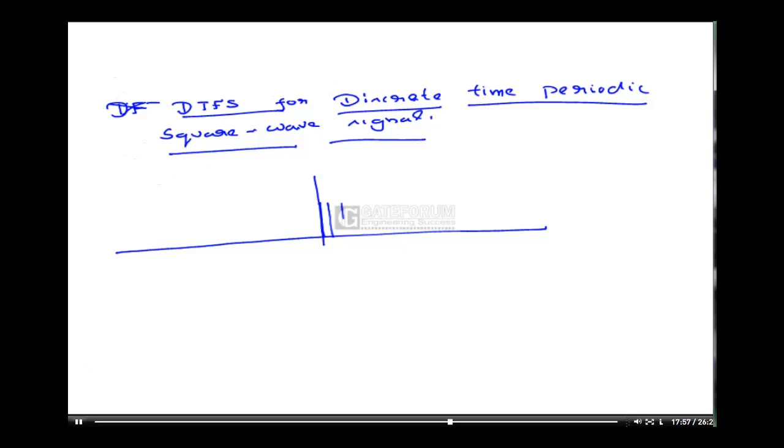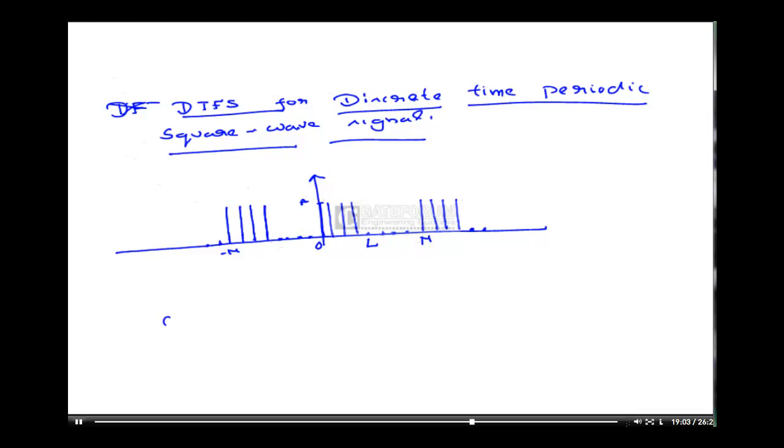I have L components placed here, up to L, and let each one have amplitude A. Then again like this, up to minus N. This is the 0 point. This is a discrete time periodic square wave signal.